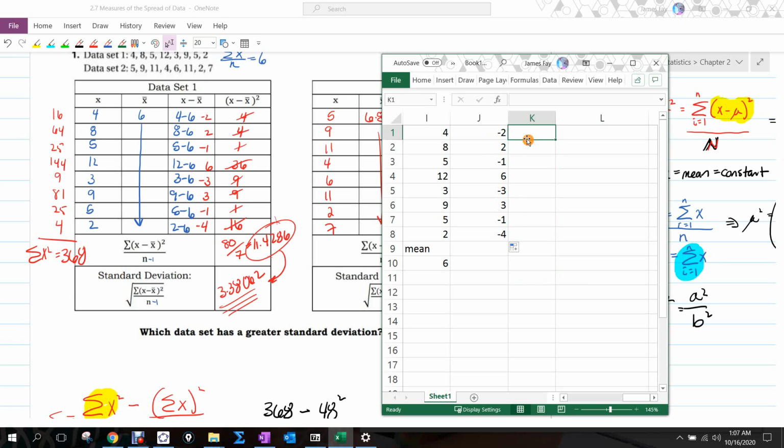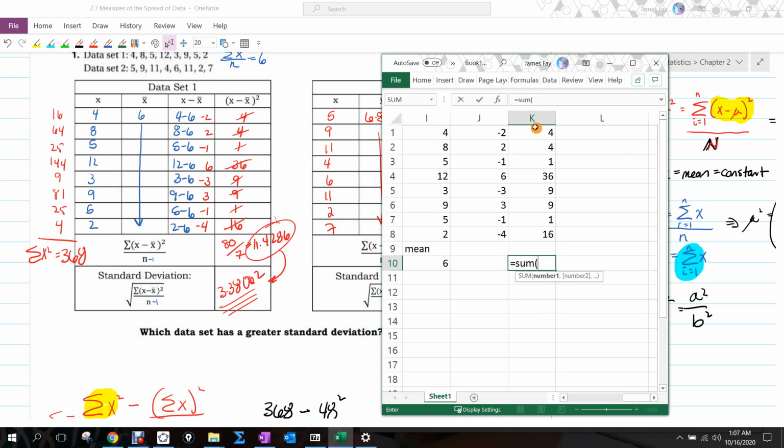Then we have to square those, so I would have my computer program recall that number and square it, and then recall this number and square it, and do that all the way through. Then I'm going to have my computer sum those.